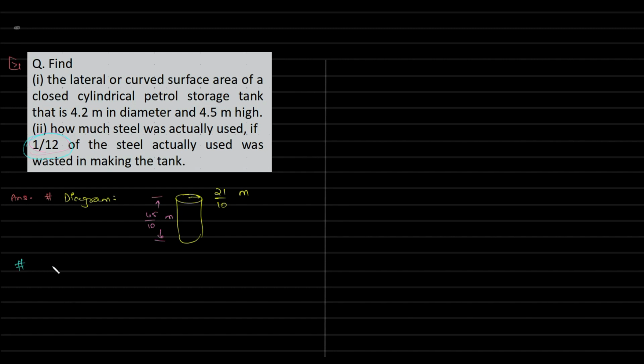Okay, so let's come back. We have been given first the radius, which is diameter by 2, so this is 4.2 by 2, that is 2.1. 2.1 can be written as 21 by 10 meters.